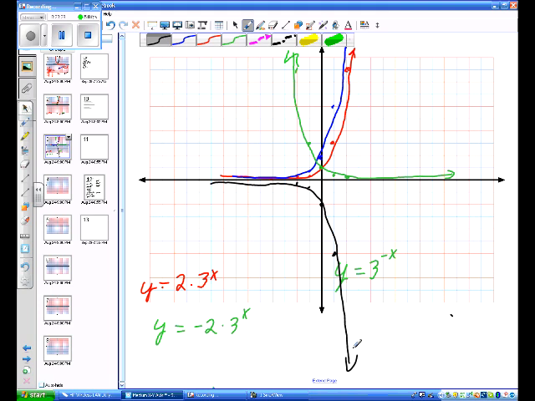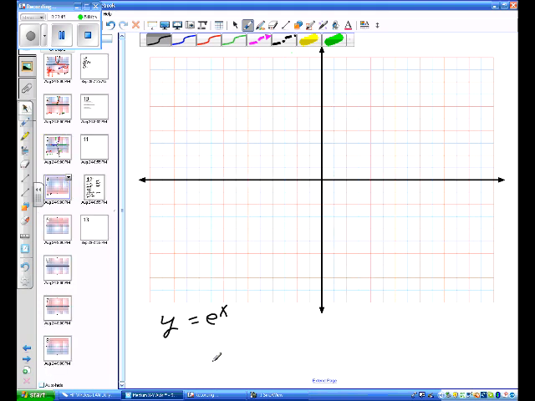Let's look at one final graph, and this is graphing y equals e to the x. Now to do these, we can use our calculator. We can also make a table and use our calculator. And let's do -2, -1, 0, 1, 2.